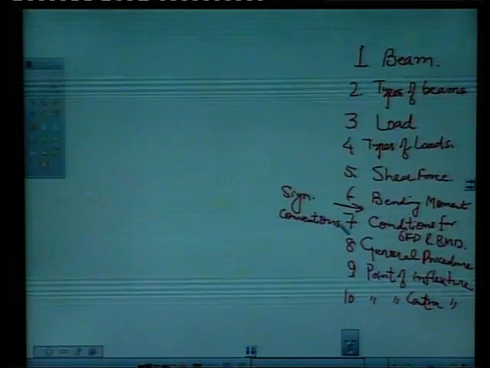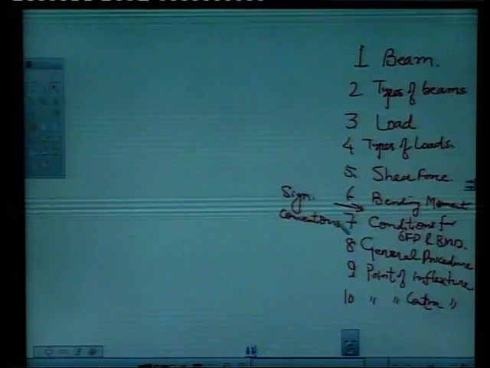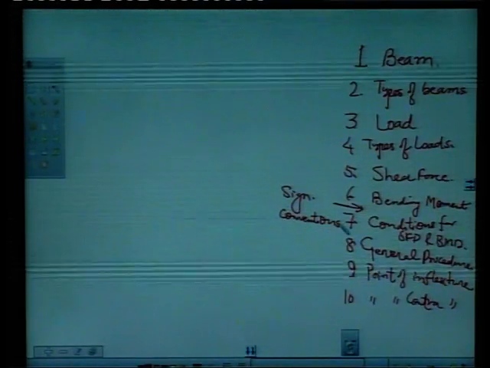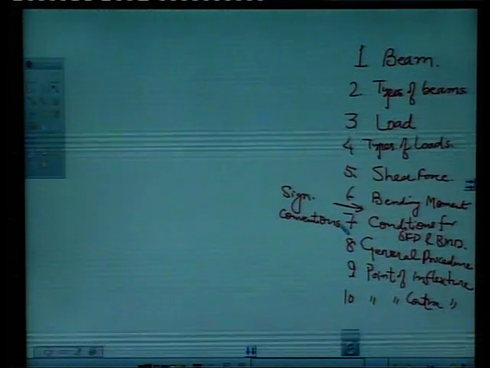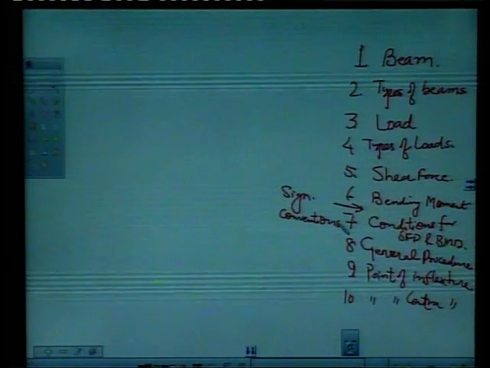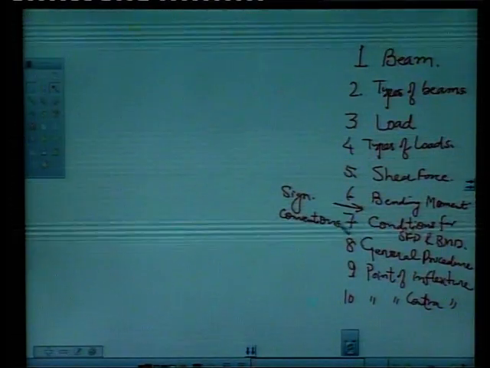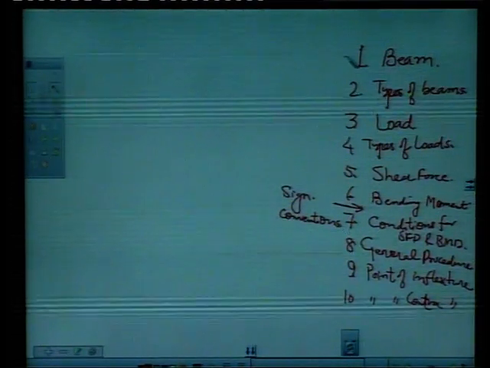Where to take positive, where to take negative, upward is positive or downward is positive, left is positive or right side is positive. That is called sign conventions. We should know about the sign conventions before drawing the shear force diagram and bending moment diagram. So, first of all, what is a beam?